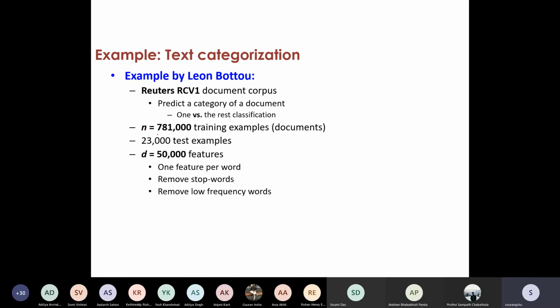You have close to 800,000 training examples and some 23,000 test examples. You have D features, about 50,000, one feature per word, and each document is a sparse document.